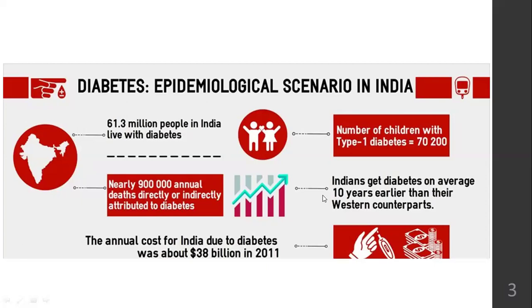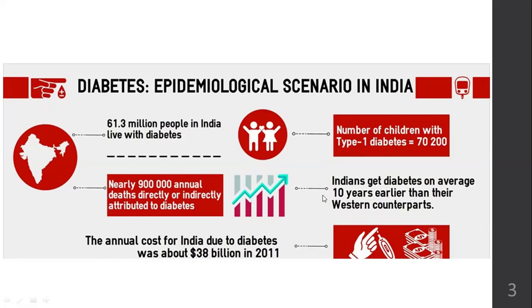Around 61.3 million people in India live with diabetes, and diabetes, along with cardiovascular disorders, is one of the leading causes of non-communicable deaths in India. The number of children with type 1 diabetes is around 70,000.